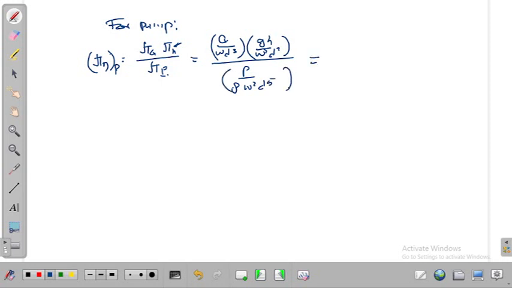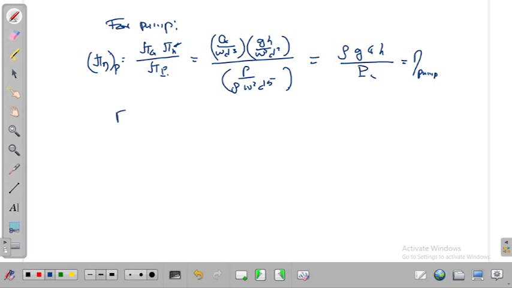If we simplify this, we cancel out the like terms, and we find that this gives us rho g Q H over P, where P is the power. So this is actually an expression for the efficiency for a pump.